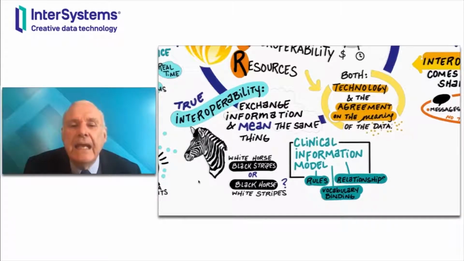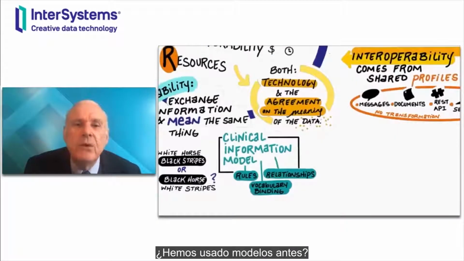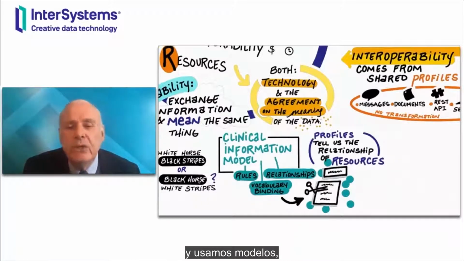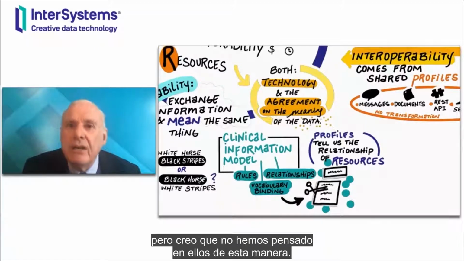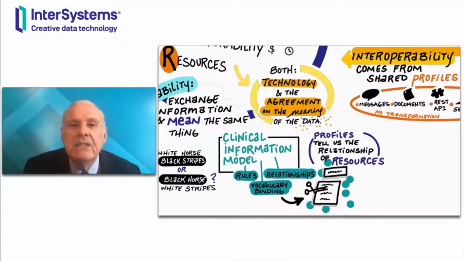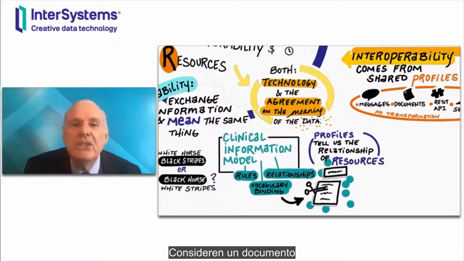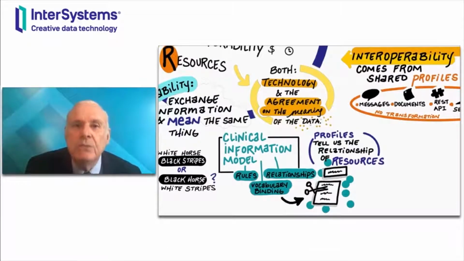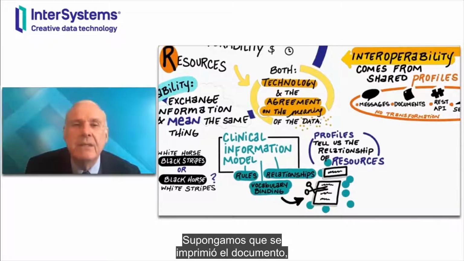So have we used models before? Well, there have been modelers from the beginning, and we used models, but I don't think we thought of them in that sense. So consider a document that's a history and physical for a patient. Suppose we printed out that document, took a pair of scissors, and cut the document into data elements.